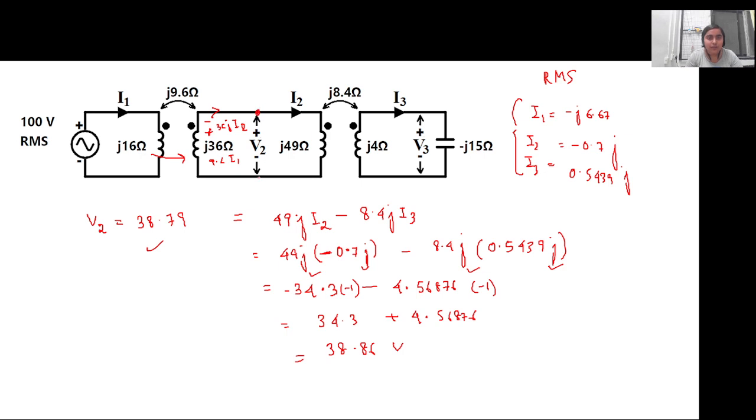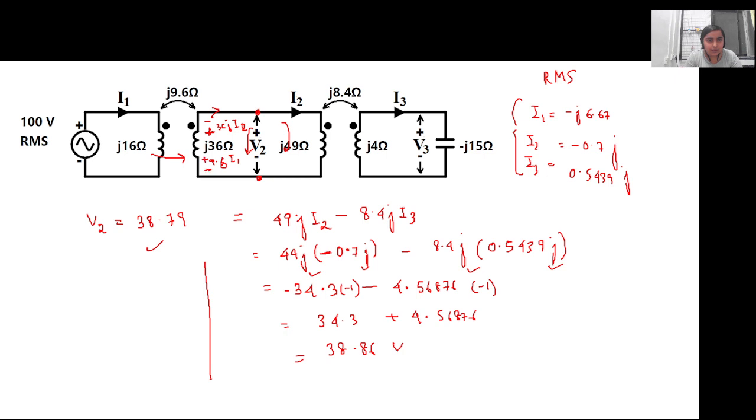These two inductors are connected in parallel, so whatever the value is in this direction, the same value will be in the other direction. But ma'am, I will get minus 38.81 on the other side. So let's do it then. It is 9.6, so it will be in the reverse direction.